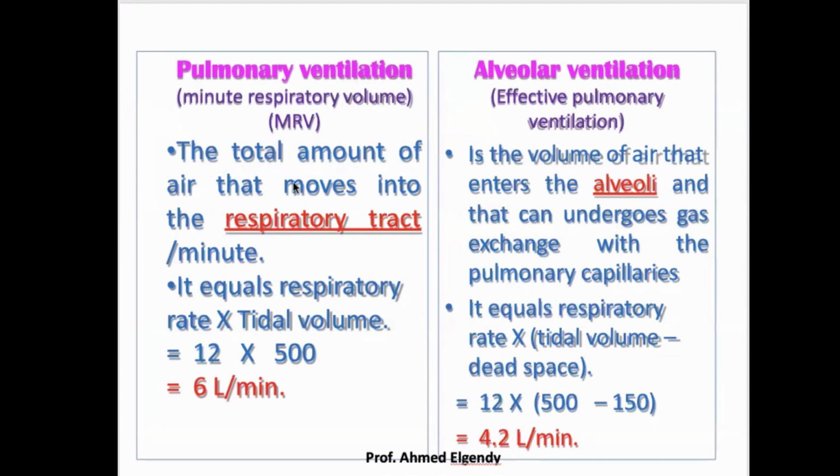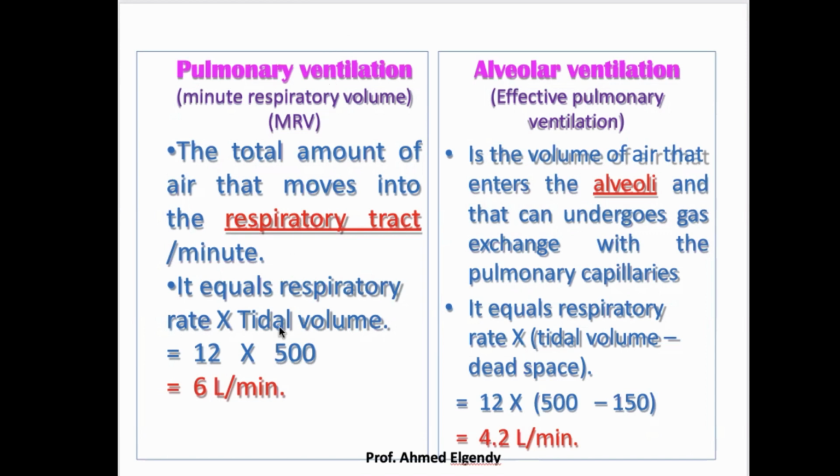The total amount of air that moves into the respiratory tract per minute. It is equal to respiratory rate times tidal volume. For example, if the respiratory rate is 12 per minute and tidal volume is 500, then 12 times 500 is 6 liters per minute. This is the pulmonary ventilation.